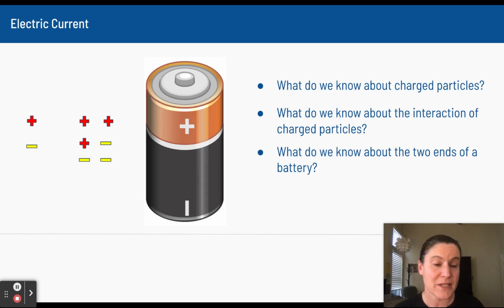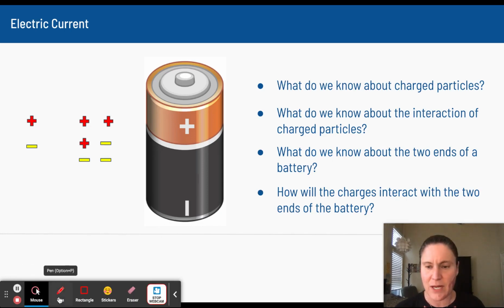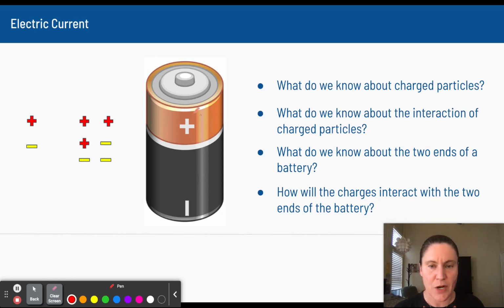What do we know about the two ends of a battery? You investigated this already. We have a positive end to our battery, and we have a negative flat end to our battery. So how will charges interact with the two ends of a battery? Well, let's think about it for a second. We've got a positive charge and a negative charge. So with our negative charge, which one is going to attract, and which one is going to repel?